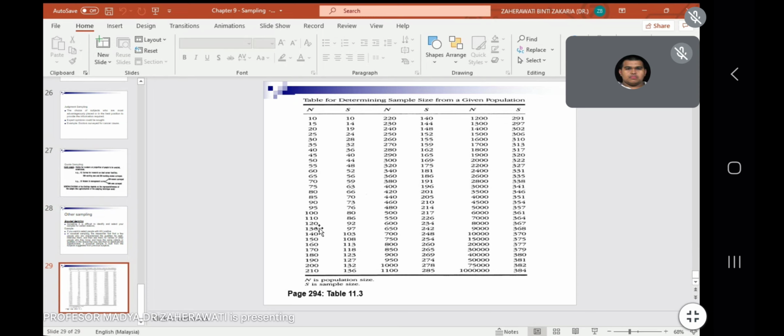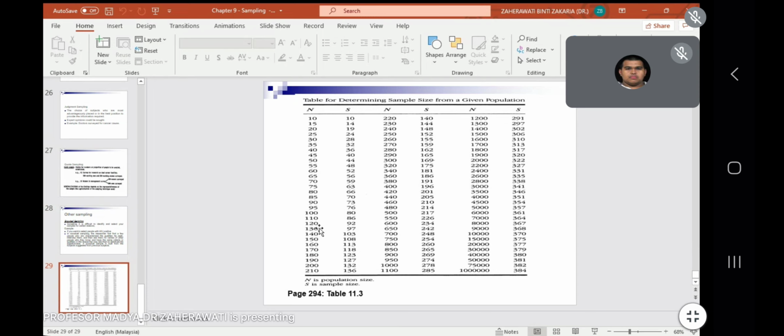If you want to choose 30 to represent the 1,000, if you convert to percentage, it's quite low, so better don't. So at least 30% of that, or any number like 100 or 150, which is below 200.